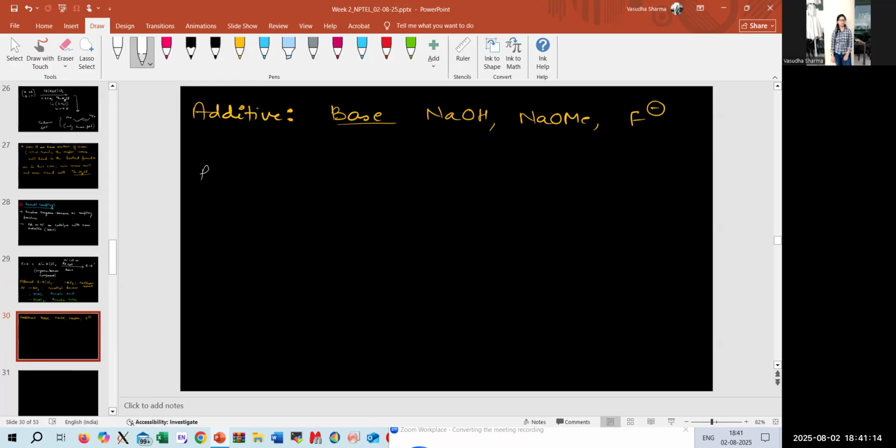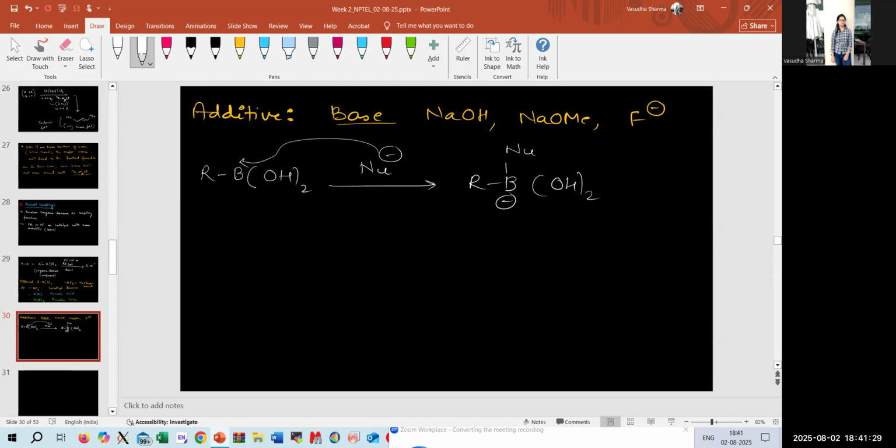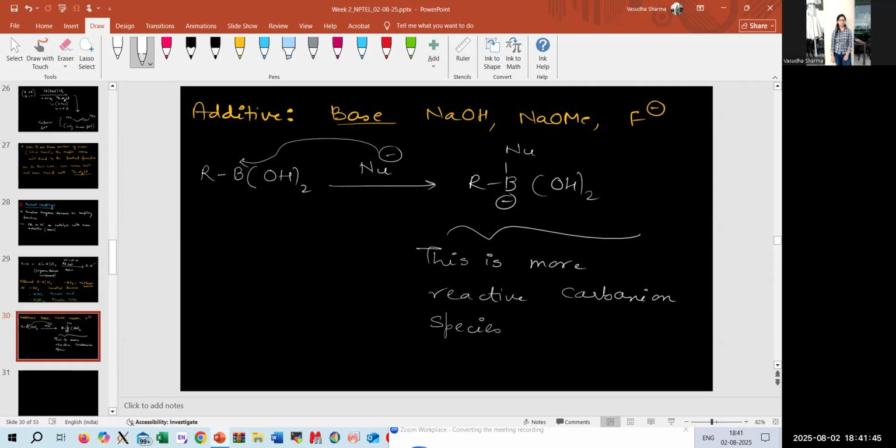So when we have RB(OH)2 and a nucleophile attacks onto the boron, giving a negative charge on it, this actually transfers the charge to the R group, and therefore it is now a more reactive carbanion-like species, reactive for transmetallation.